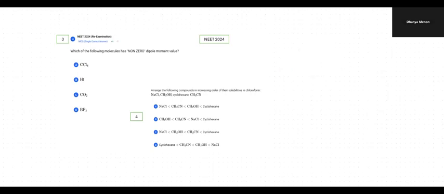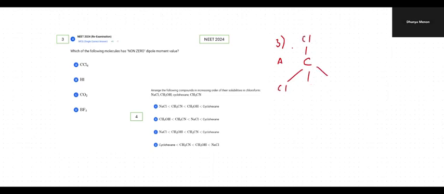Coming to the first option A, I have carbon tetrachloride, tetrahedral geometry.